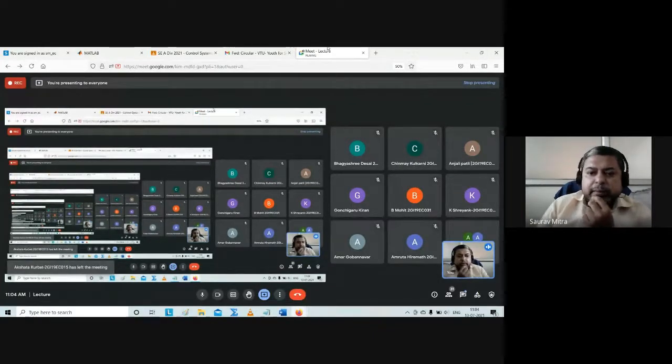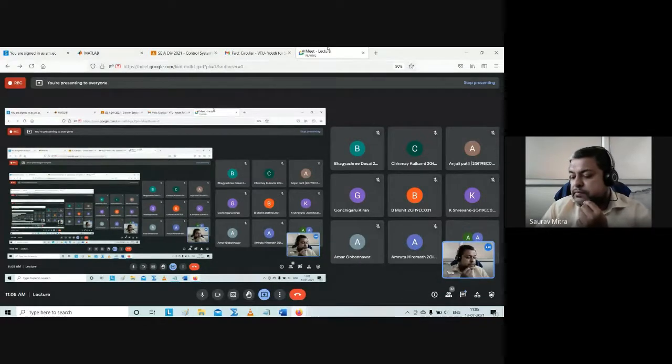Who is this? Chinmay, your answer? So the corner frequencies are 5, 20 and 60. Correct? Number 2, what are the ranges of slopes?